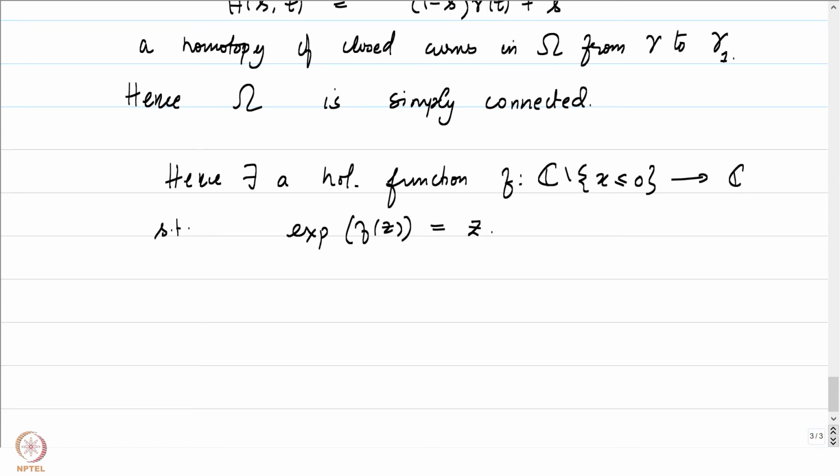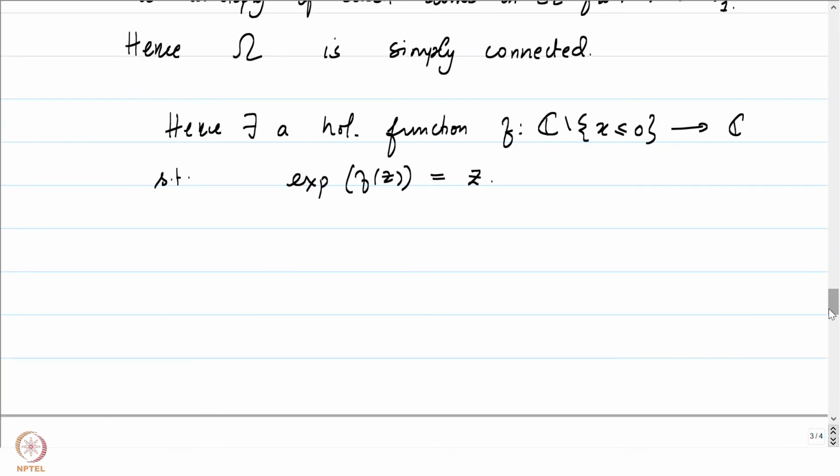There exists a function f which is precisely the logarithm that we are familiar with in the real setting. It behaves exactly in that manner. It's a holomorphic function which also satisfies the condition that the exponential of f of z is equal to z.